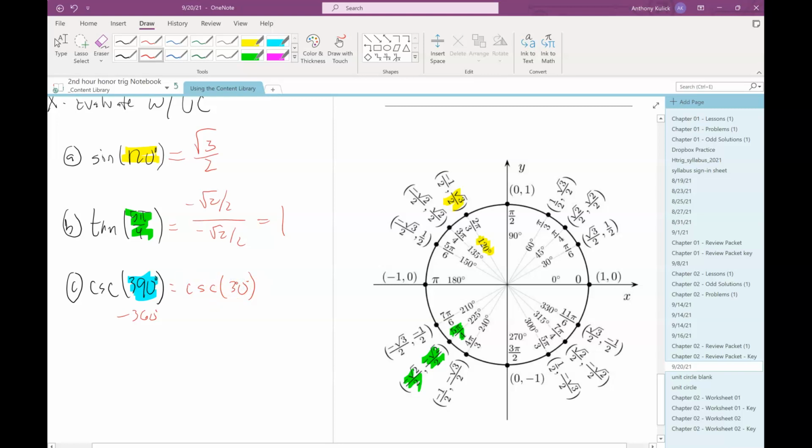If the terminal side's in the same position, that point P has to be in the same position. So coterminal angles are going to have the same values for sine, cosine, and tangent. So now I'm just going to locate 30 degrees, and cosecant is 1 over y, or 2.